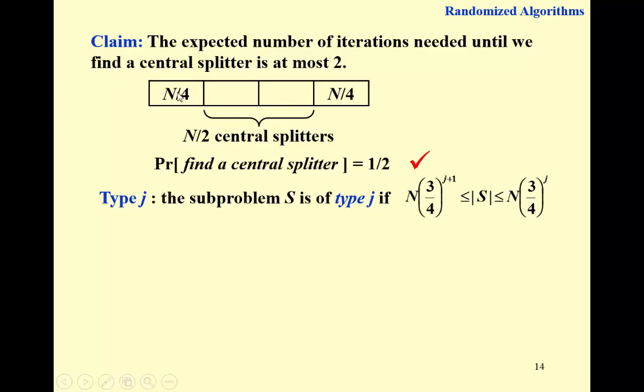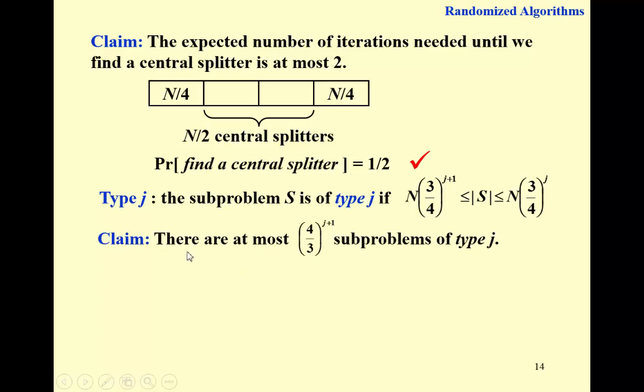So in the worst case, if next time still we split it into 2 parts and the larger part contains 3/4 of 3/4 of n, that would be n times 3/4 squared, right? And so on and so forth. We just keep going like that, right? So each type J corresponds to the larger part of the partition.